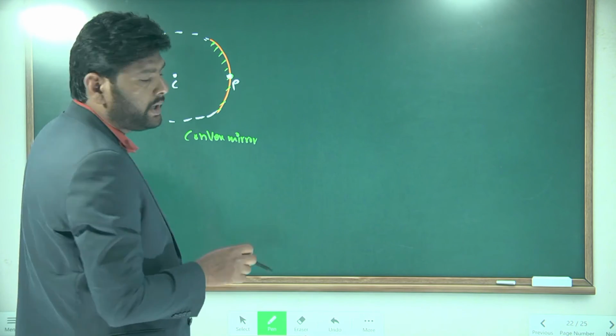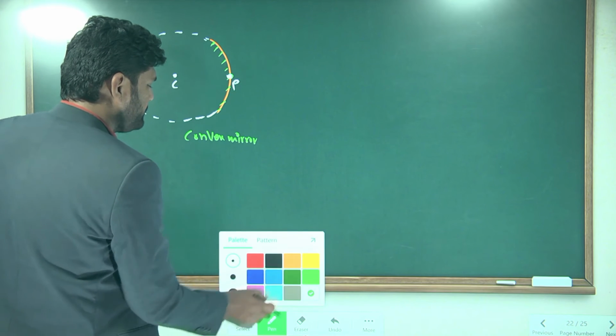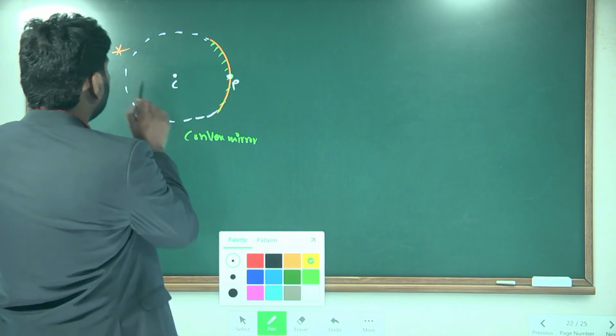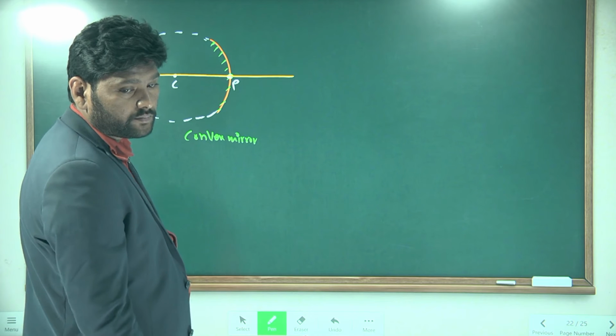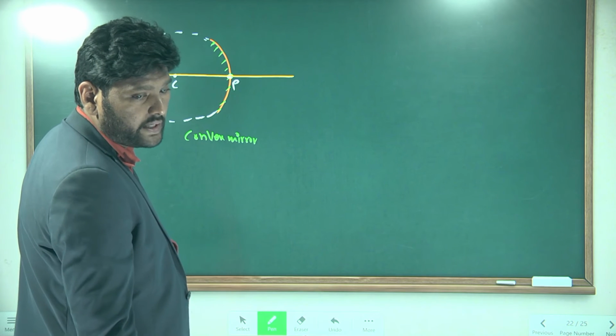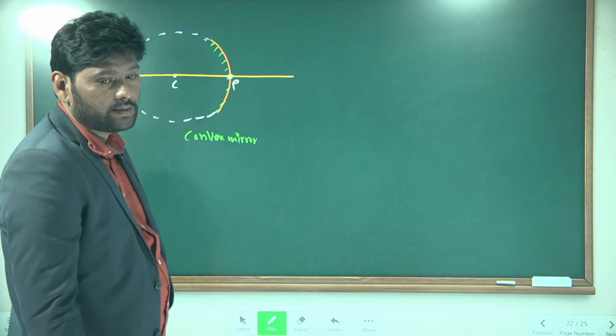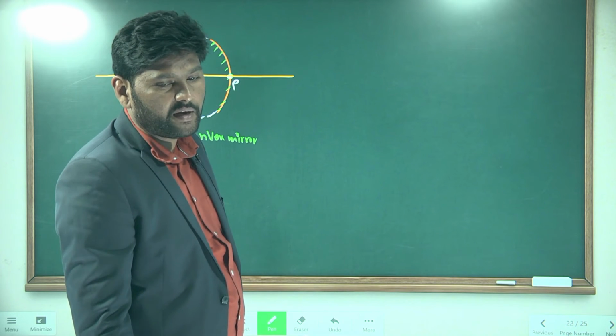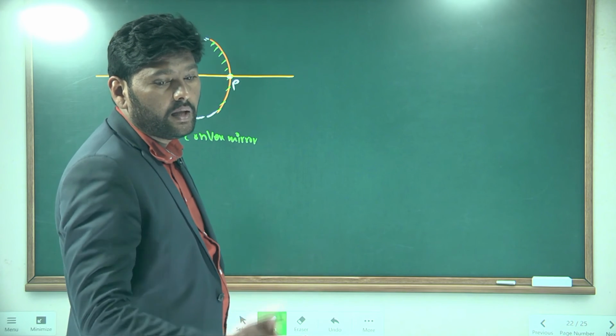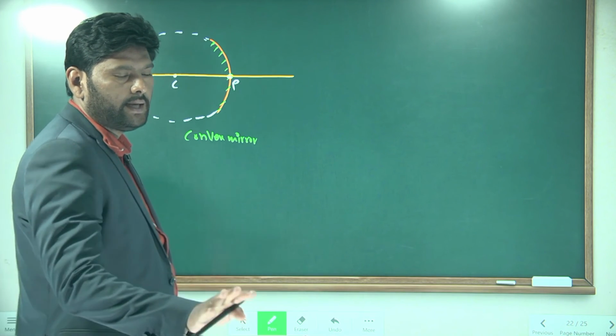And now next, a line passing through the center of curvature and pole is known as a principal axis.